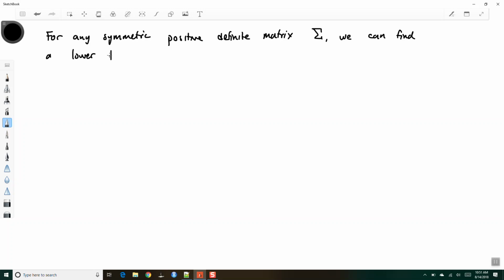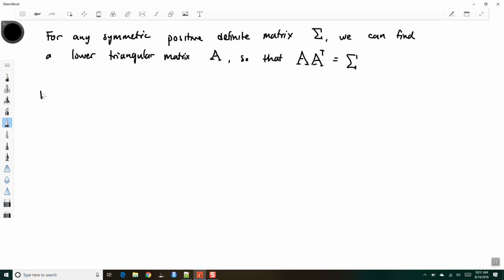All right. Well, I'll give you the answer here. So for any symmetric positive definite matrix sigma, we can find a lower triangular matrix A so that AA transpose will equal sigma, okay?